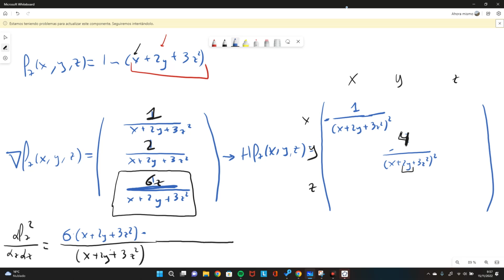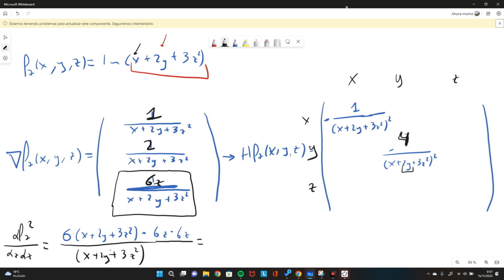The first member without applying the derivative times the second member applying the derivative. The derivative of the second member with respect to z is 6z. So it's 36 z squared, which is what we have here.